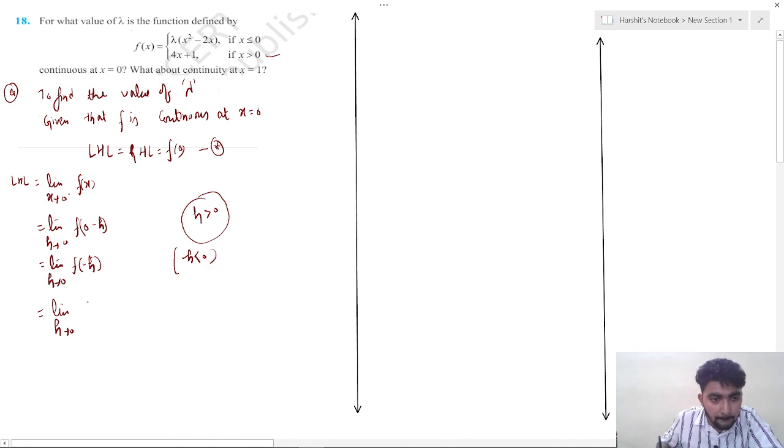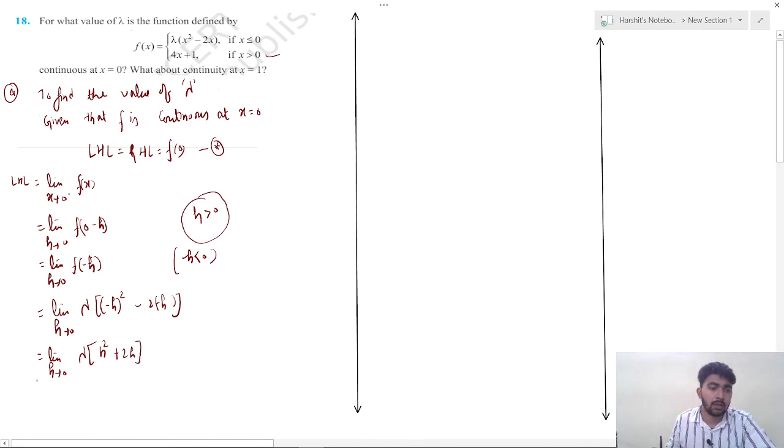So it will be lambda h square plus 2h. Now limit h tends to 0, if we apply the limit, we get 0 here. This is your LHL, first equation.